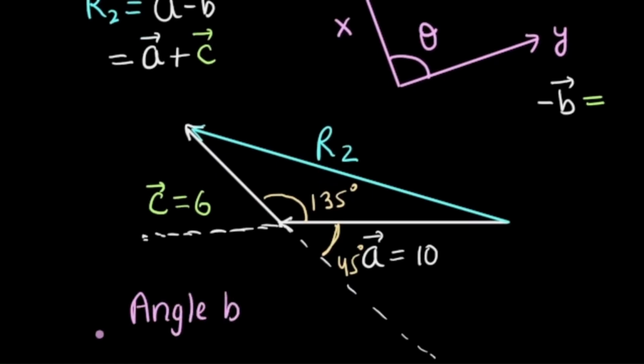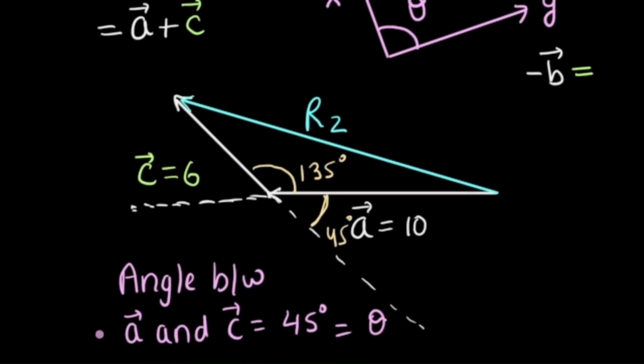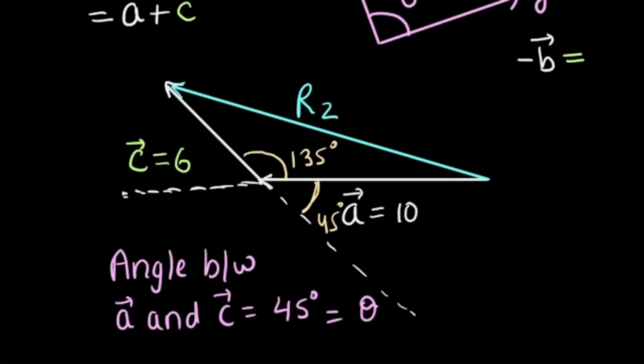Angle between A and C. That is equal to 45 degrees. Let's call that theta. Why not? And now we are going to repeat the same procedure that we did for part 1 of this problem.